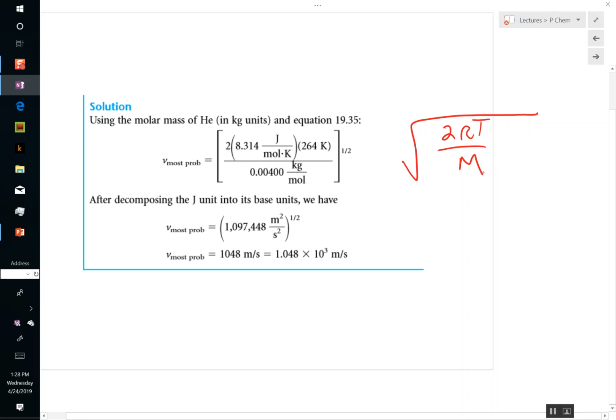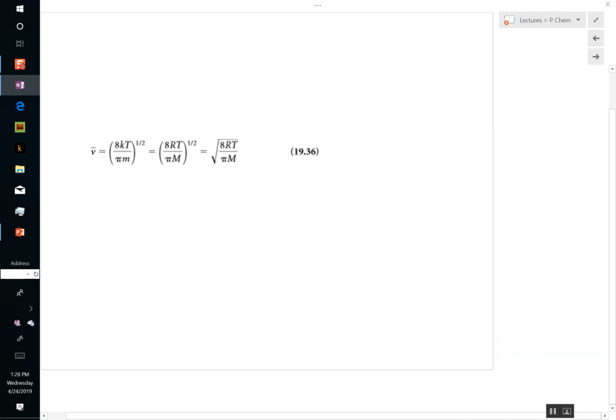Remember, our average speed was 1,282. So they are different speeds. Your homework is just mimicking these examples. They're just giving you a different atom to work with.